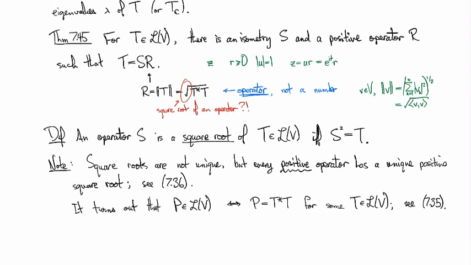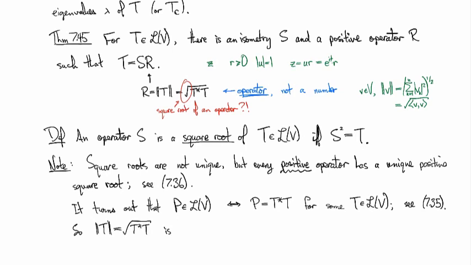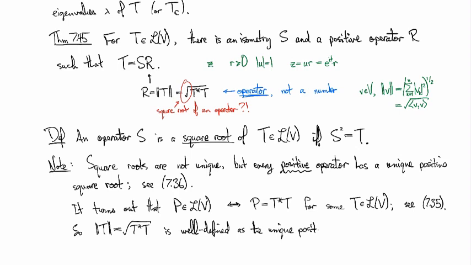So in the present context, this is actually well defined, as the unique positive square root of T star T. Okay.